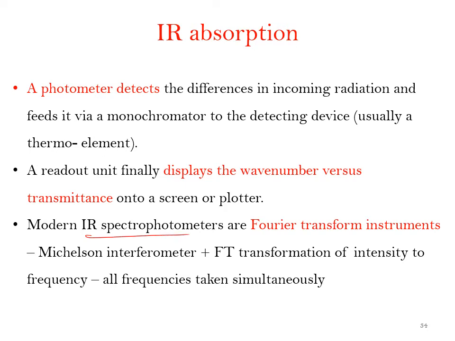Modern IR spectrometers, like I said, use Fourier transform instruments, the Michelson interferometer, plus the Fourier transform will be applied on intensity of each frequency. So each frequency will be taken simultaneously. So the FTIR is usually used in the case of IR spectroscopy.